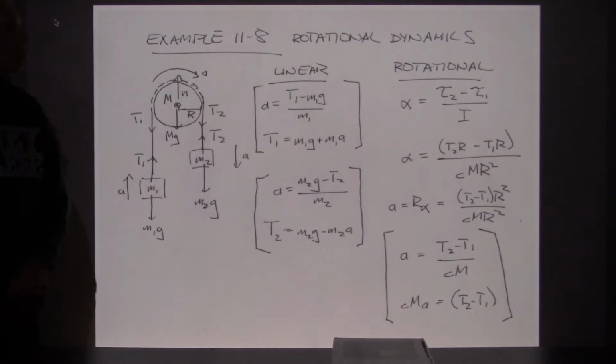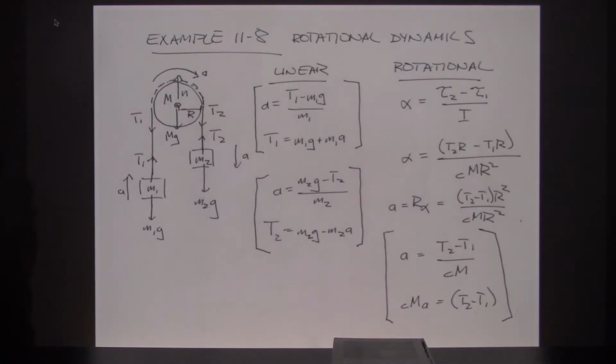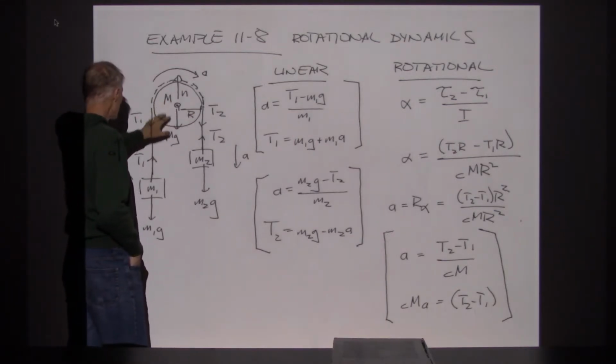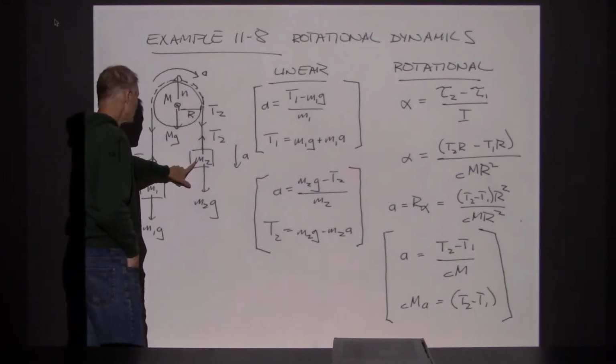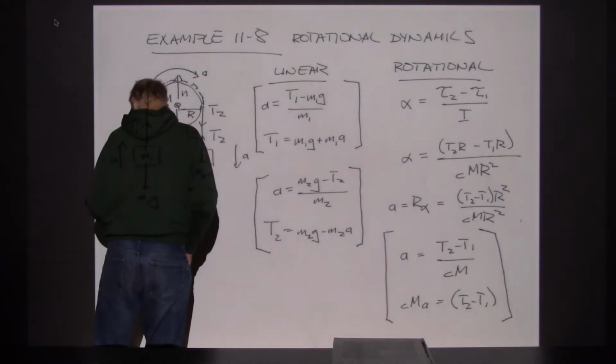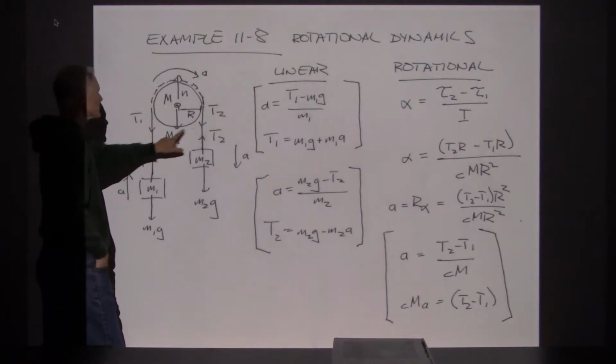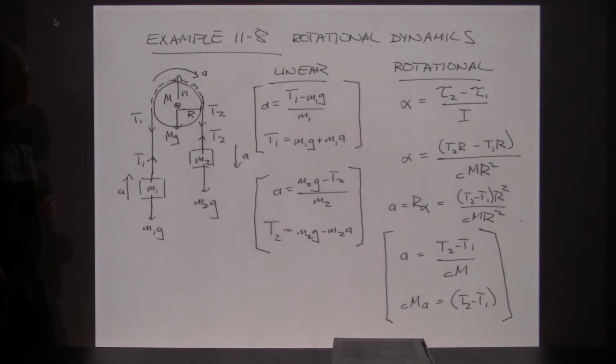How do we do it? So I feel like we could do this back in chapter 10, maybe. Let's see. What I've got is this pulley. It's got a certain mass. I've got object 1 and object 2. They have masses M1 and M2. There's a gravitational force pulling down on each side, and then there's a tension. Now, the key feature here that's different from back when we did similar problems in chapter 4 is that the tensions on the two sides don't match.